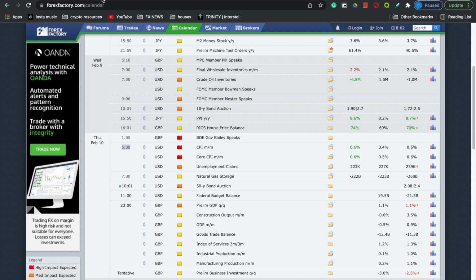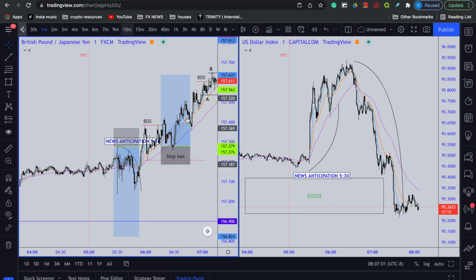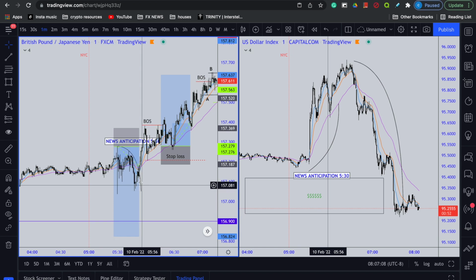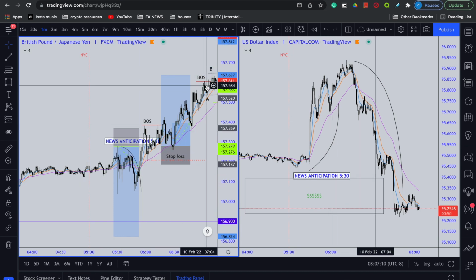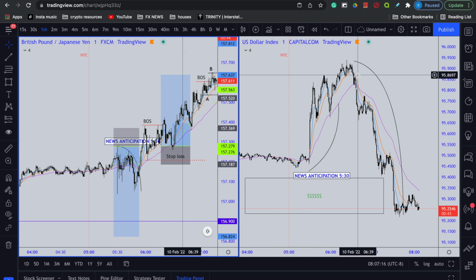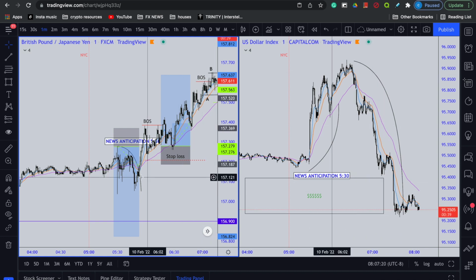Because people are usually buying the United States dollar and selling the Great British Pound, okay? So we can imagine that because the news came out bullish for the United States dollar, people anticipated a sell on GBP JPY, and we can see here those people got annihilated just like they did for people who bought the anticipated news for the United States dollar and then got annihilated when the market reversed. We can see that here on GBP JPY.